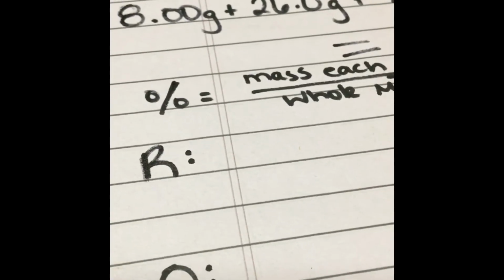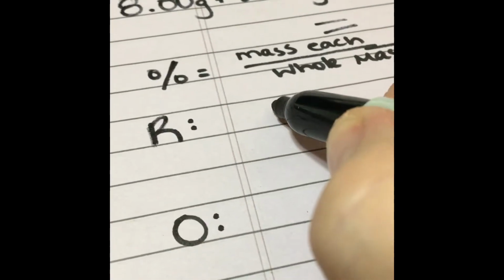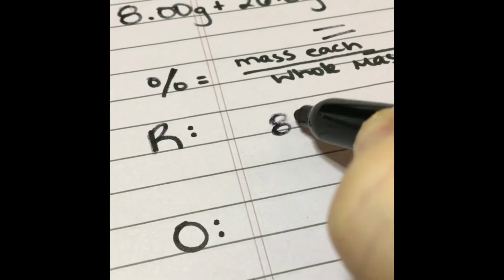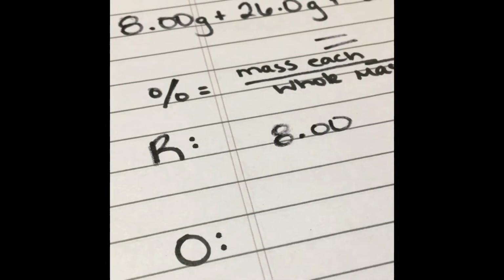So next we're going to find the percent composition for every element. And remember, percent composition will be the mass of each one divided by the whole mass of everything, which you just figured out was 197. So let's take a look at that data. So for the red M&Ms, we figured out that the mass was 8.00.